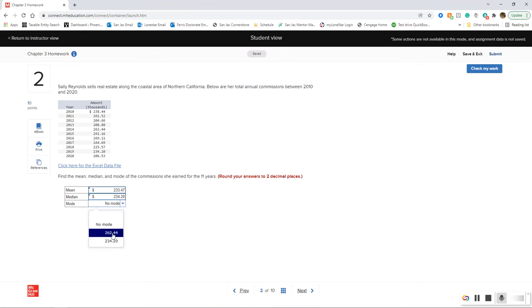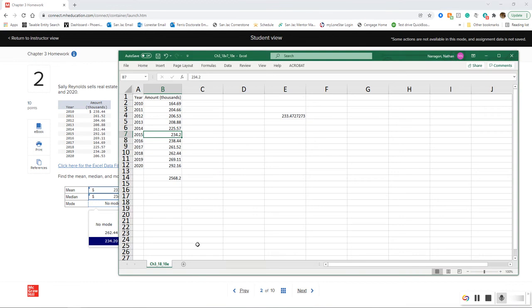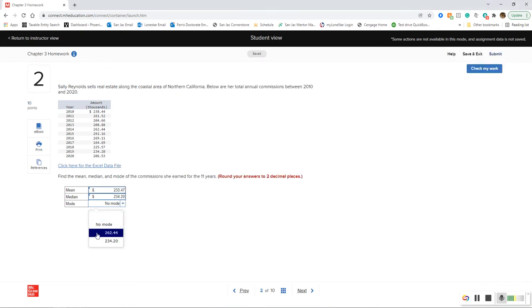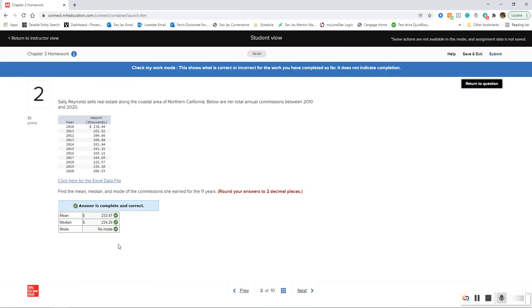No mode. Look at that. It even has a drop down bar where it gives us 2 other options, 262.44 and then 234.20, which is the median. But none of them repeat. So there is no mode. There's no number that repeats. It happens. Okay, so that's 2.